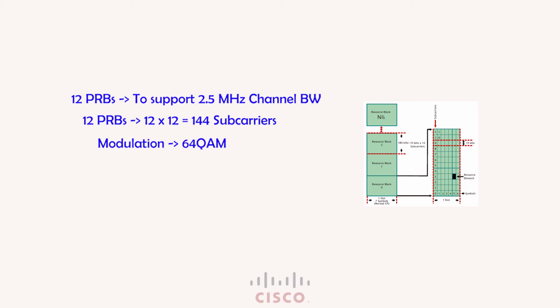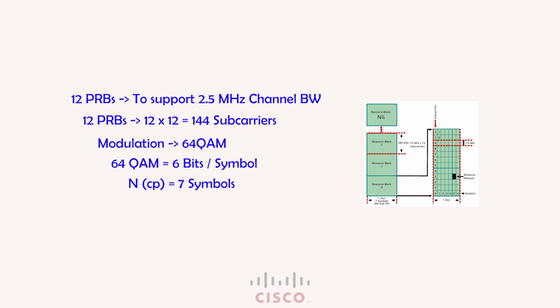Now let us assume 64 QAM is the modulation scheme used in this case. So how many bits are allocated per symbol with this modulation scheme? Well, it is 6 bits per symbol. Now if you assume short CP has been deployed, in that case NCP is equal to 7 symbols.